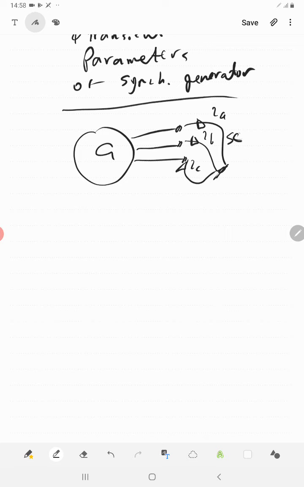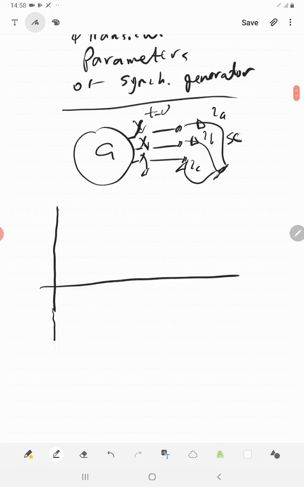If we start this using a circuit breaker, we close the 3 poles at time equals 0, then we will get the current.